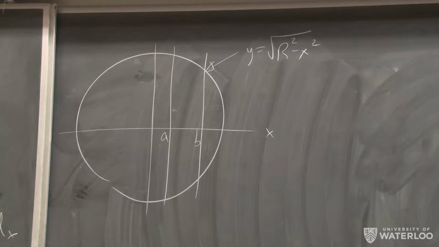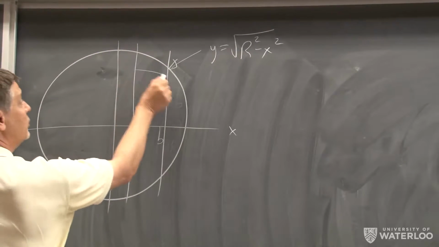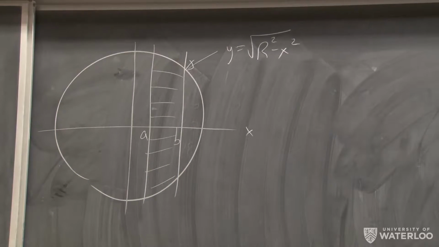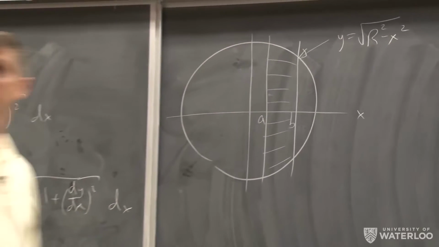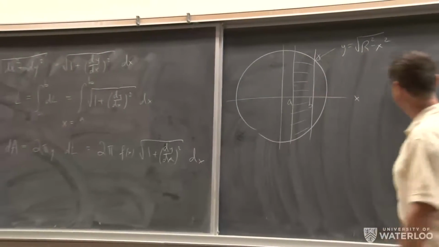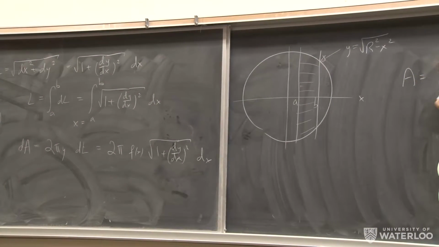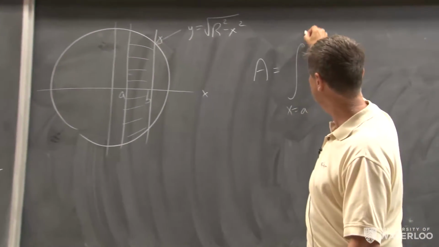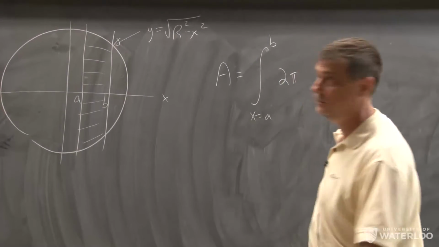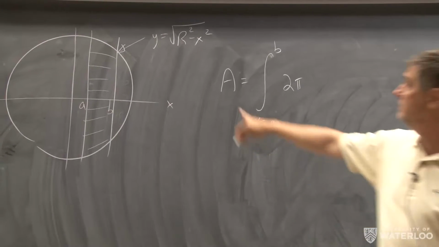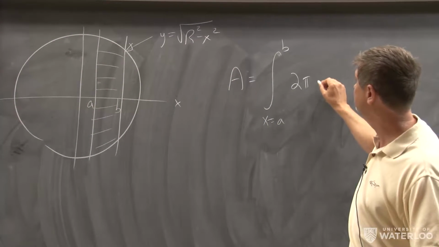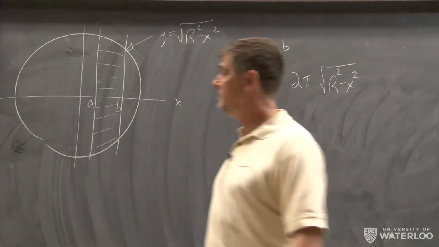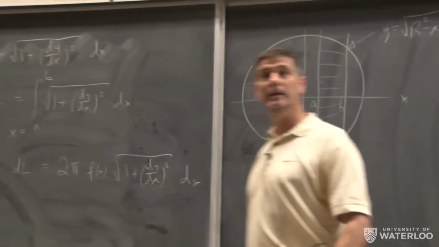And if you wanted to find the surface area of the portion of the sphere that lies between those two planes, then you can get it from this formula that presumably has been done in class, and that surface area would be the integral with x going from a to b of 2 pi times y, which is this square root, multiplied by dl, which is given by that formula.